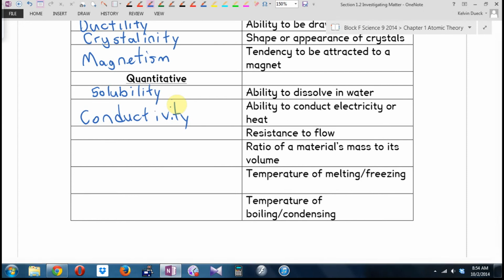This one you might know, it's a little obscure. Resistance to flow, it's a fancy word for something that's really thick and doesn't want to flow well. It begins with the letter V. Yeah, someone said, you're right. Go for it. Oh, viscosity, nice.